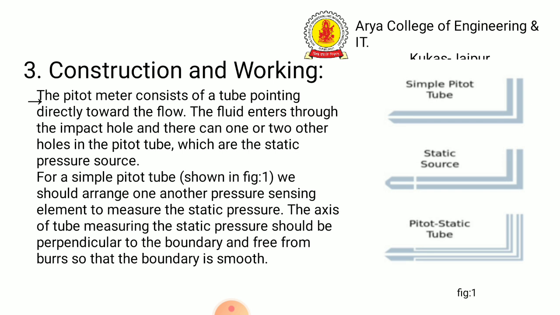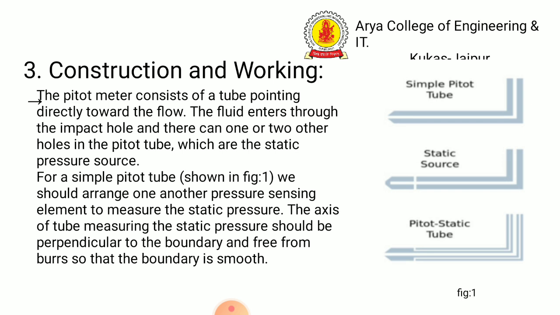A Pitot tube meter consists of a tube pointing directly toward the flow. The fluid enters through the impact hole, and there can be one or two other holes in the Pitot tube which are static pressure sources.